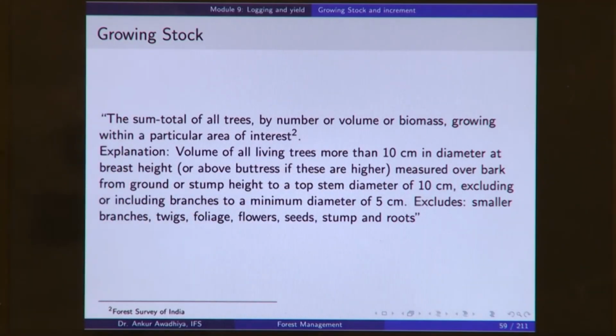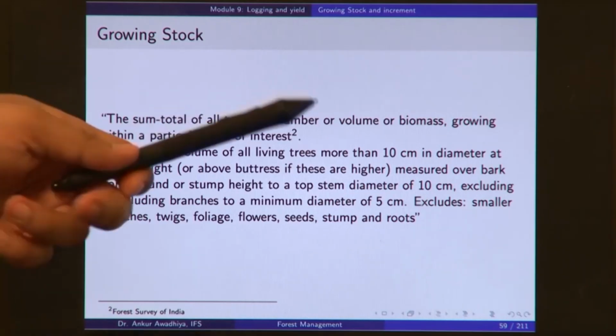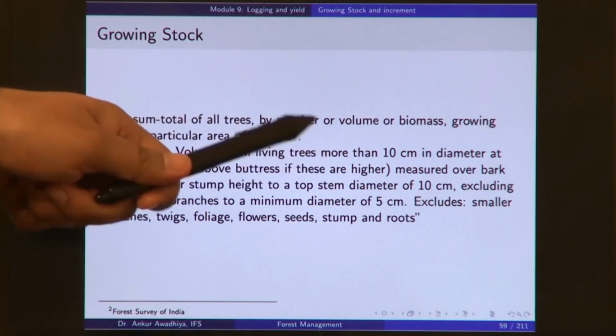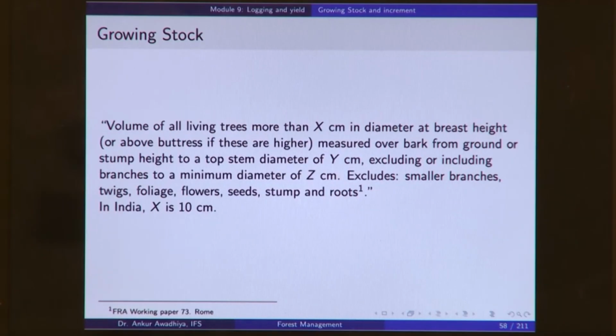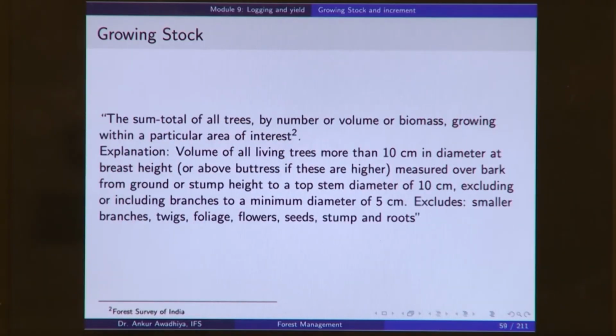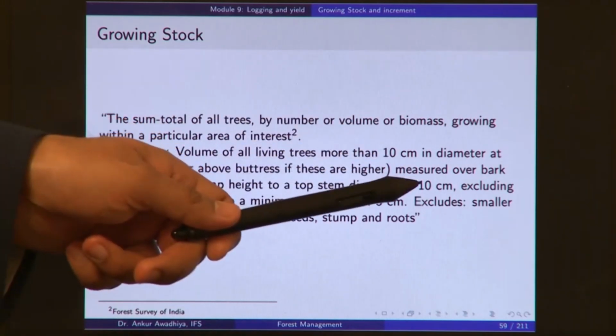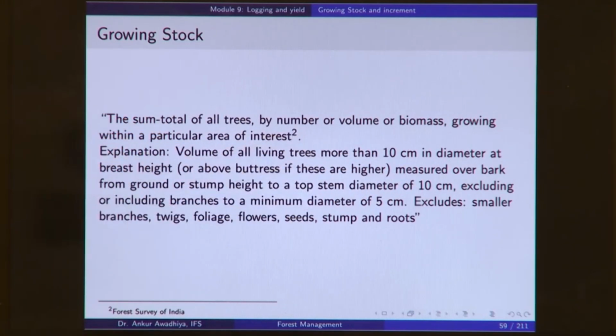Now, this is specific to India. So, in our country we take the value of this. In the previous definition we had taken it as x centimeter, y centimeter and z centimeter. So, here x and y are 10 centimeters and z is 5 centimeters.